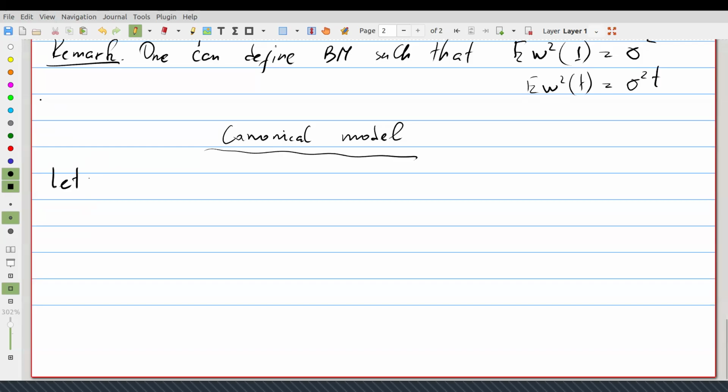So assume that W is a Brownian motion on some unknown space, because you can build Brownian motion by hand on some probability space, and we want to redefine it.